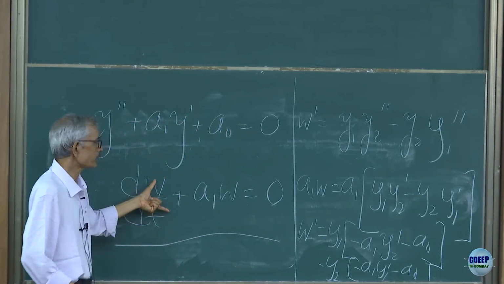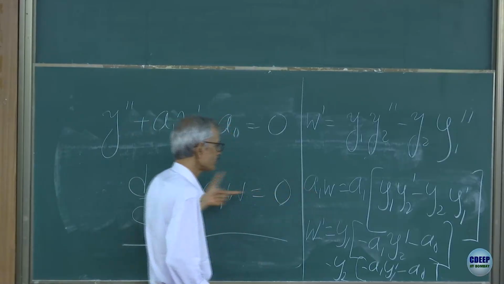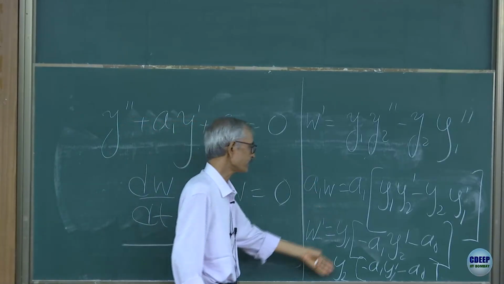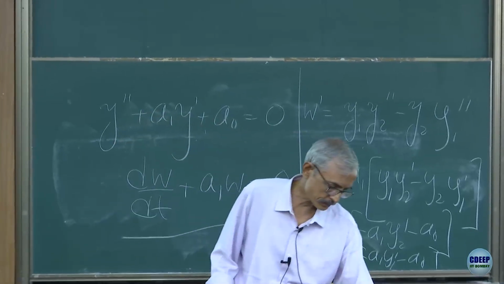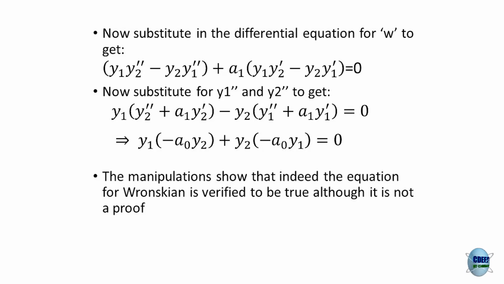If I plug these in and add up, you'll see that it is identically equal to 0. So after doing this algebra, we have shown that the Wronskian satisfies that differential equation. From a mathematician's point of view, it's not really a proof perhaps, but we are happy to be convinced that this equation is satisfied when W is the Wronskian.